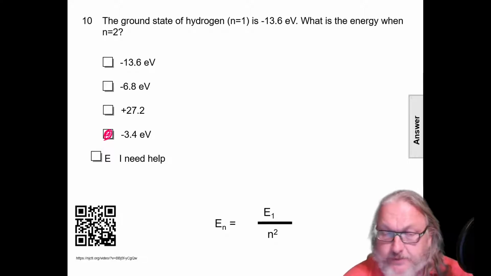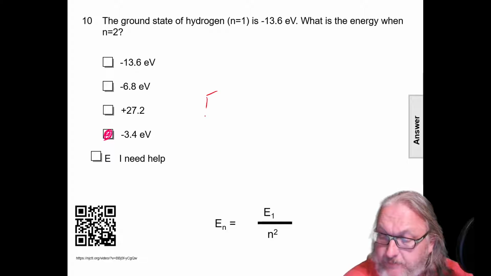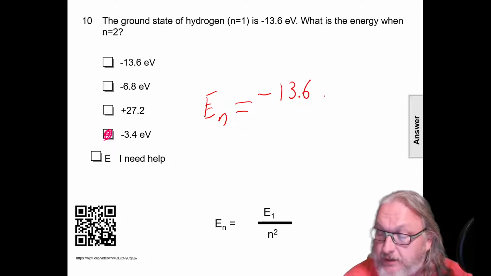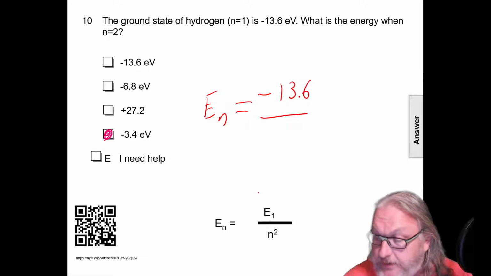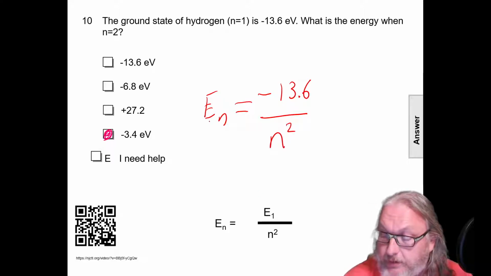So how would I solve this problem? My formula is E sub n, and it's looking for the energy of hydrogen when n equals 2. If I know what E sub 1 is, which is minus 13.6 electron volts, then the energy value for n equals 2 would involve n squared. n is 2, so it would be 2 squared, or 4.